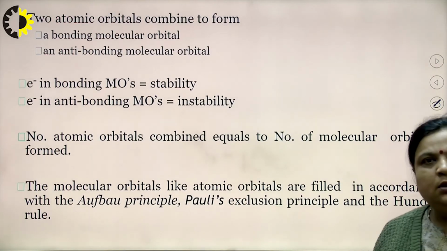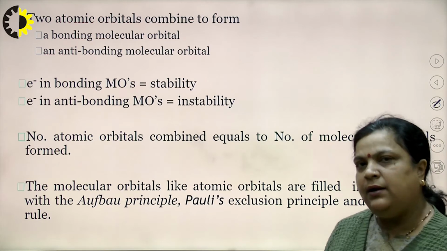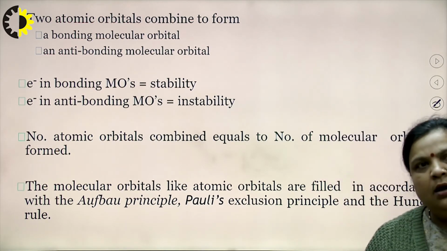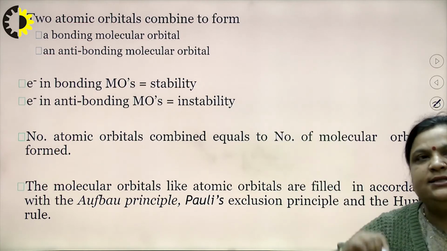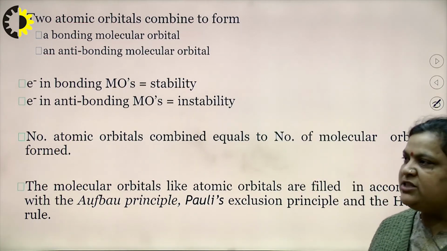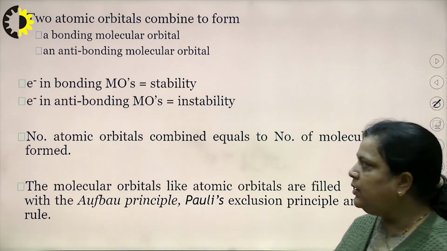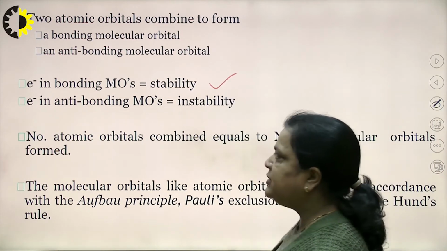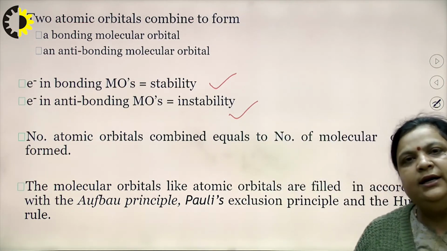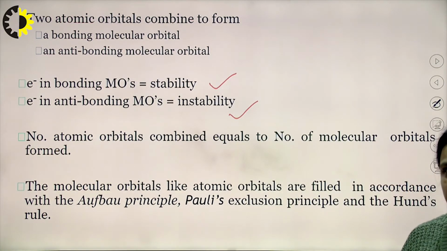When the atomic orbitals combine, the one which has lower energy is called bonding, and the one which has higher energy is called antibonding. Electrons present in the bonding molecular orbital lead towards stabilization, while electrons present in the antibonding molecular orbital lead towards destabilization.